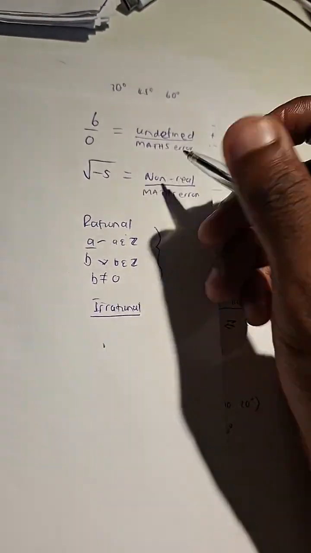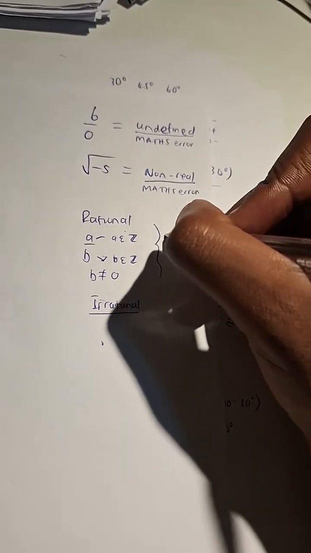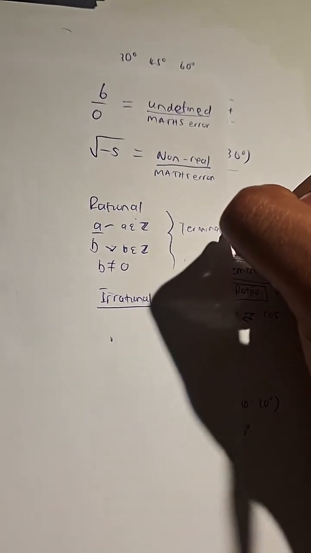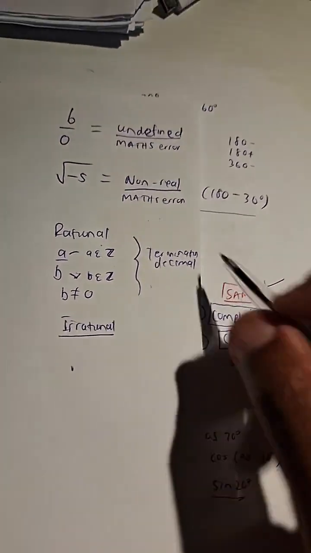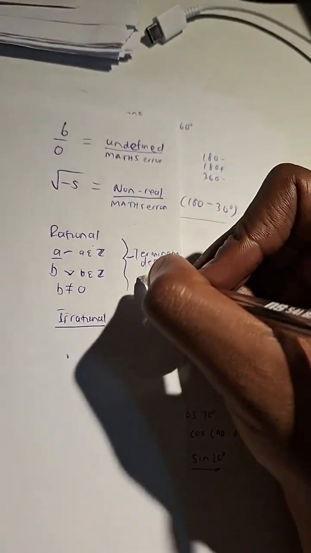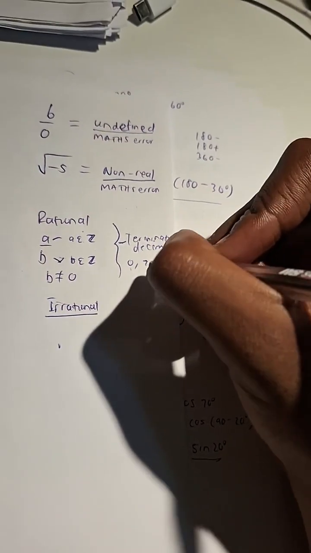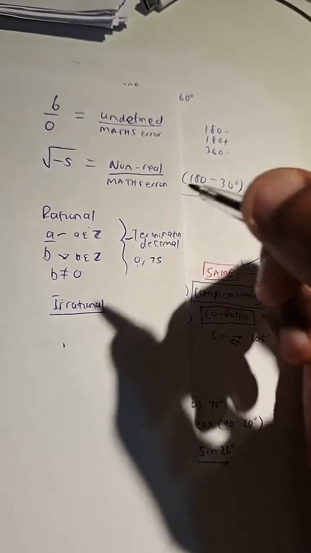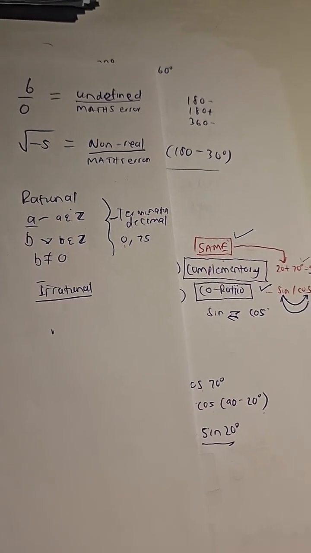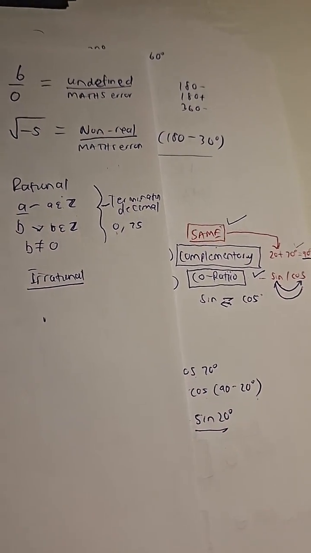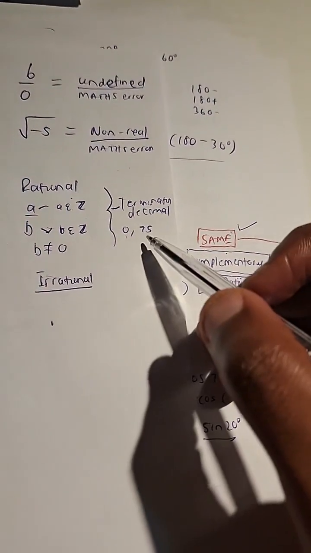Rational numbers can be terminating in decimal form. I just want to answer this question because these are important questions. Terminating decimals means that after the comma the numbers stop.